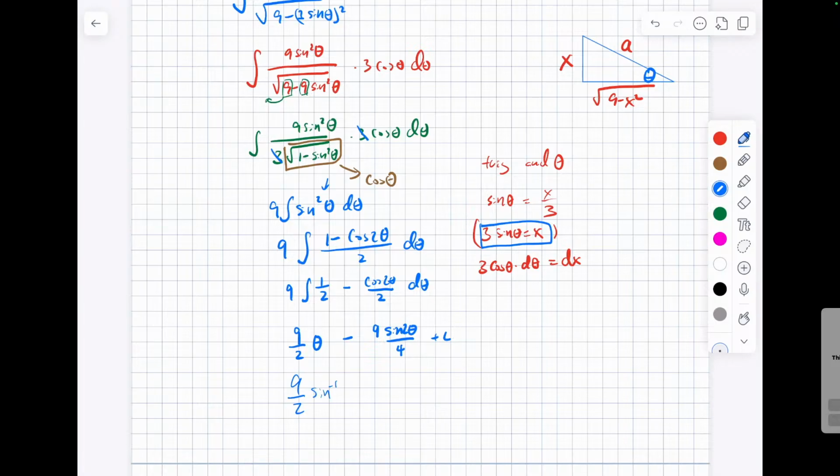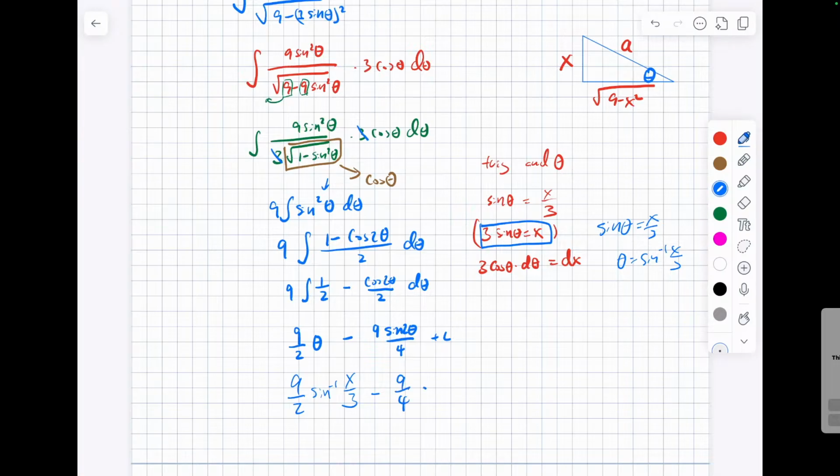Sine inverse of x over 3, right? Does that make sense? Because I can solve sine theta equal to x over 3. Theta is equal to sine inverse of x over 3. Now minus 9 over 4.